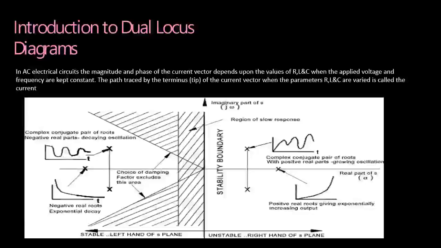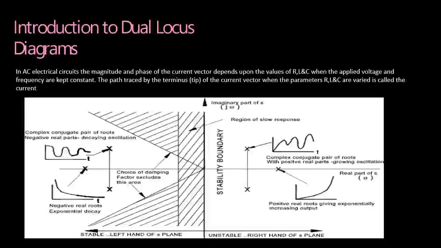Now coming to the introduction to dual locus diagrams. What are the dual locus diagrams and their introduction? Generally, in an AC electrical circuit, what is an AC electrical circuit? Alternating current electrical circuits. The magnitude and phase of the current vector depend upon the value of RLC, resistance, inductance, capacitance.